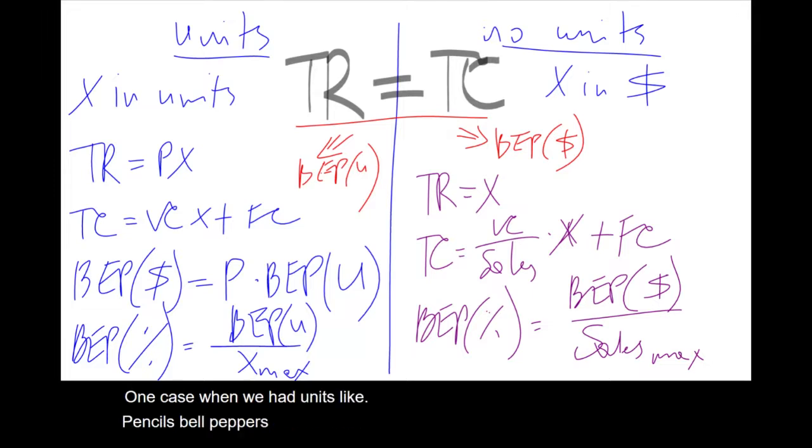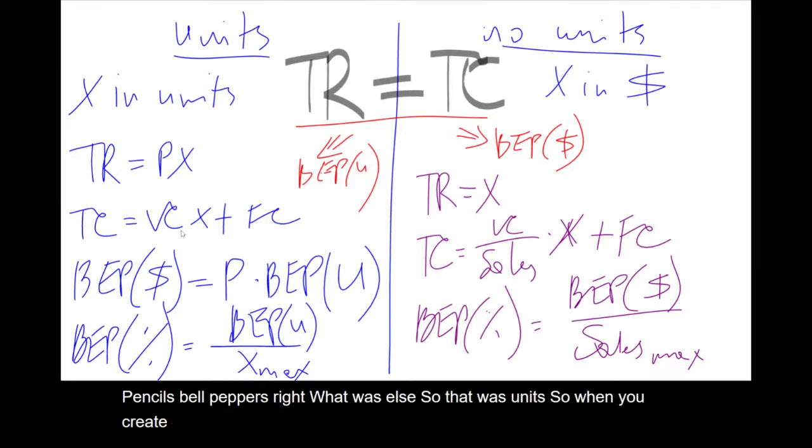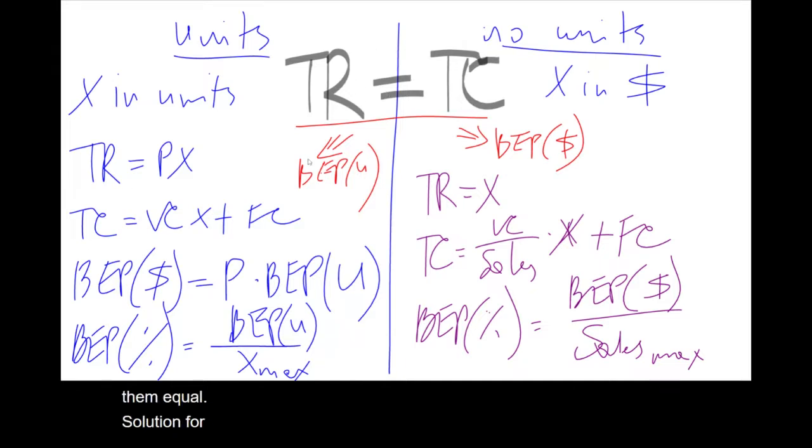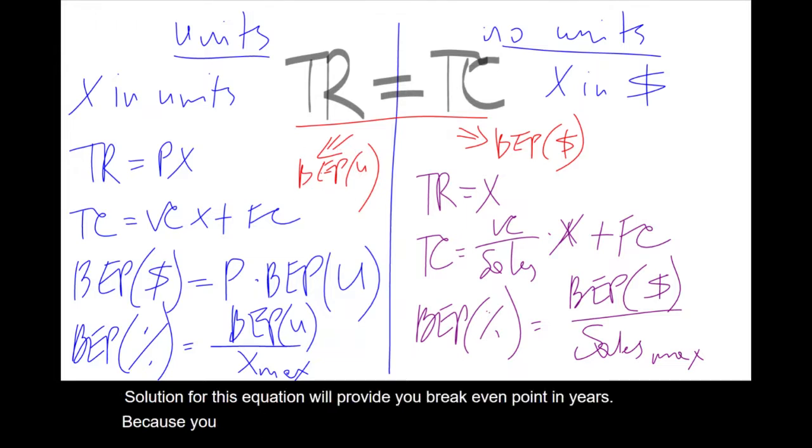So when you create two functions, one for total revenue, one for total cost, when you make them equal, solution for this equation will provide you break-even point in units, because you work with option where units are present.